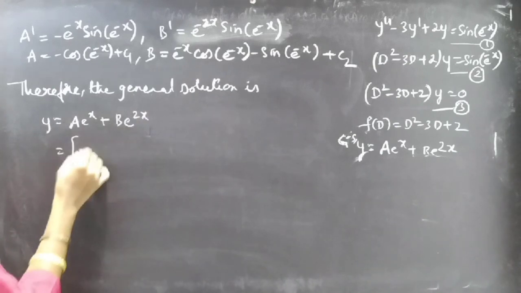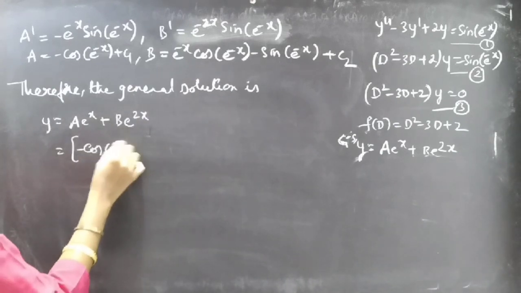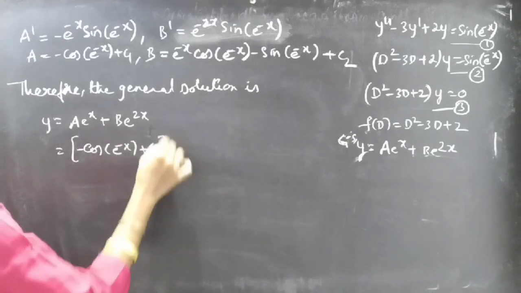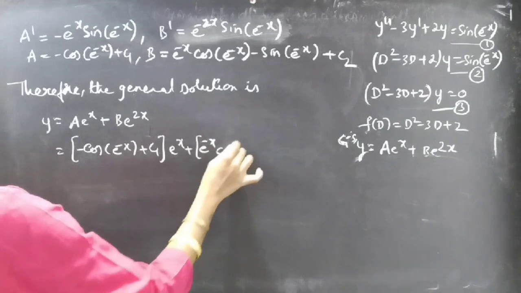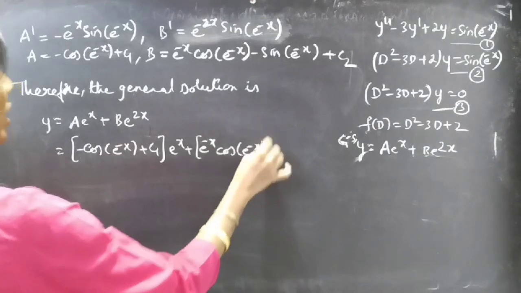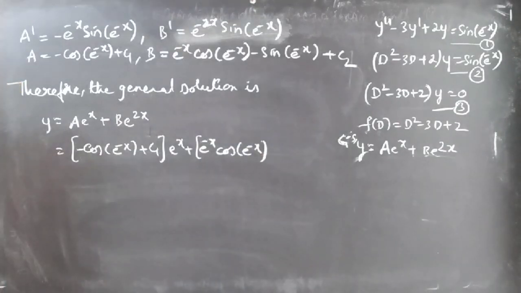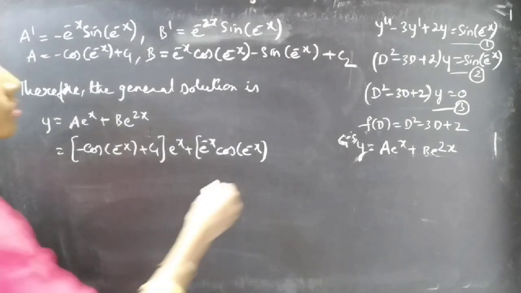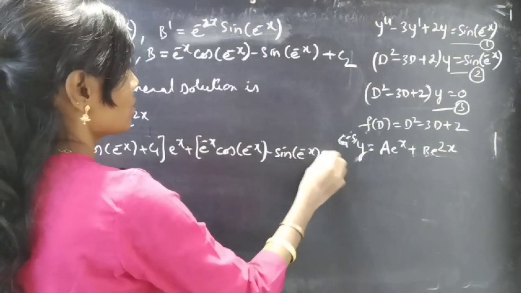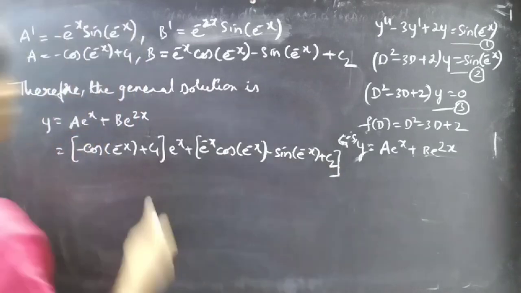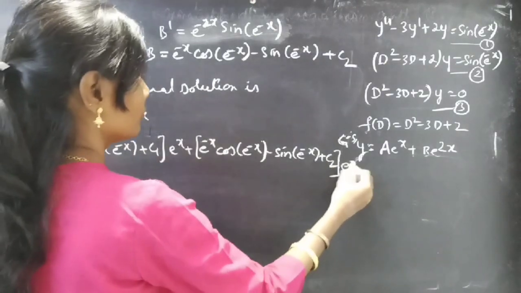This is equals to a, minus cos of e power minus x plus c1, into e power x, plus b, e power minus x cos of e power minus x minus sine of e power minus x plus c2, into e power 2x.